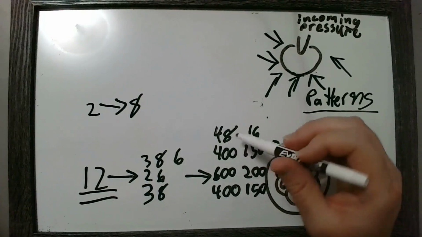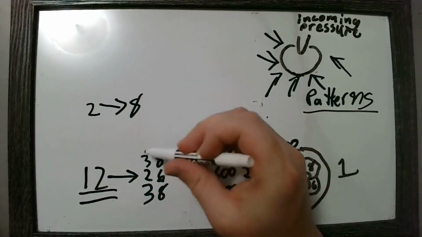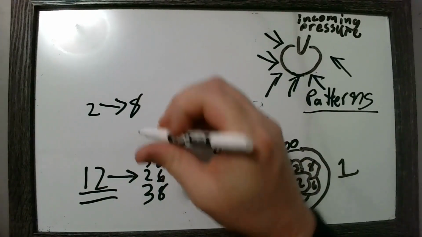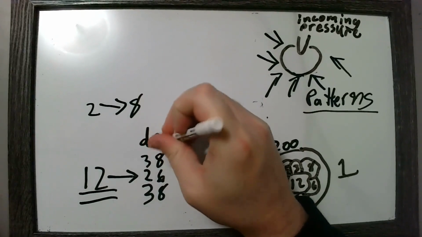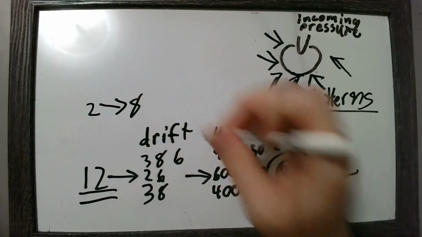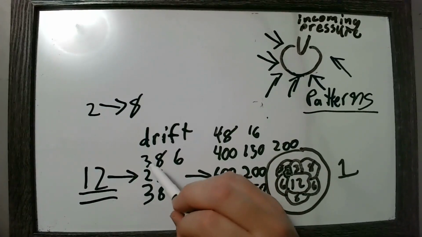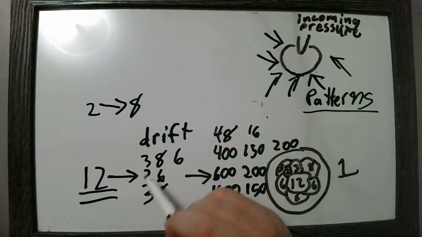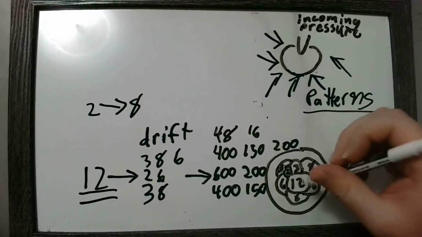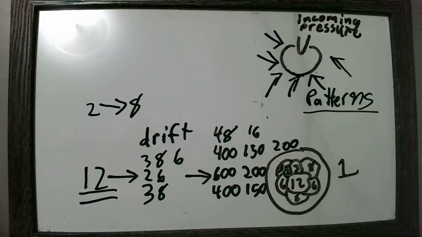And oftentimes whenever you have an interaction, these smaller numbers will actually drift. Okay? So essentially this 12 says move out of the way. I'm bigger and I want to expand more. Okay? Now, exactly what do these numbers mean? We'll get into that in a little bit.